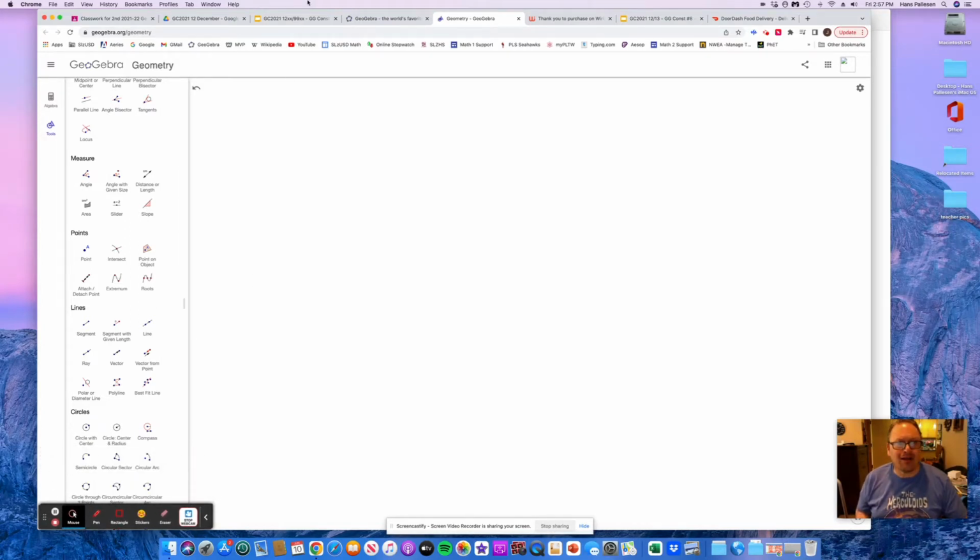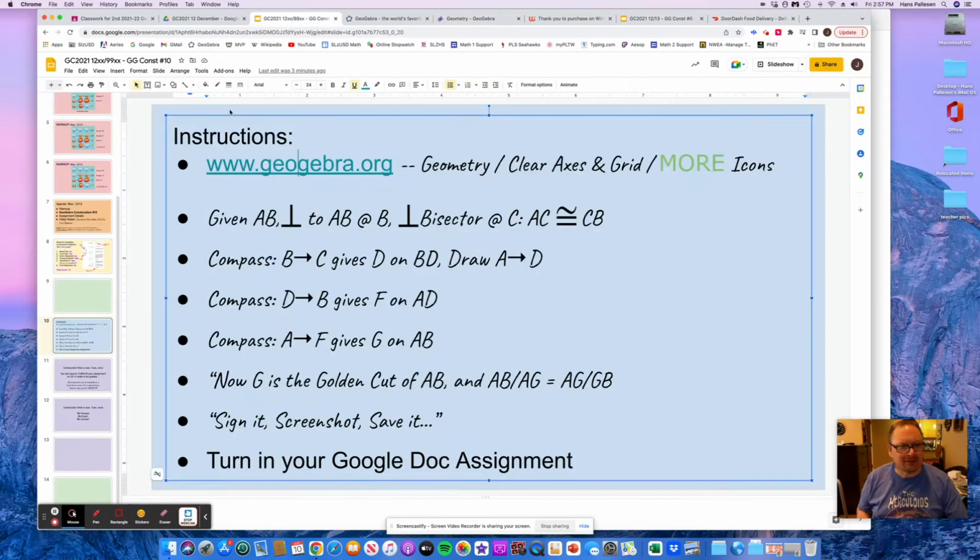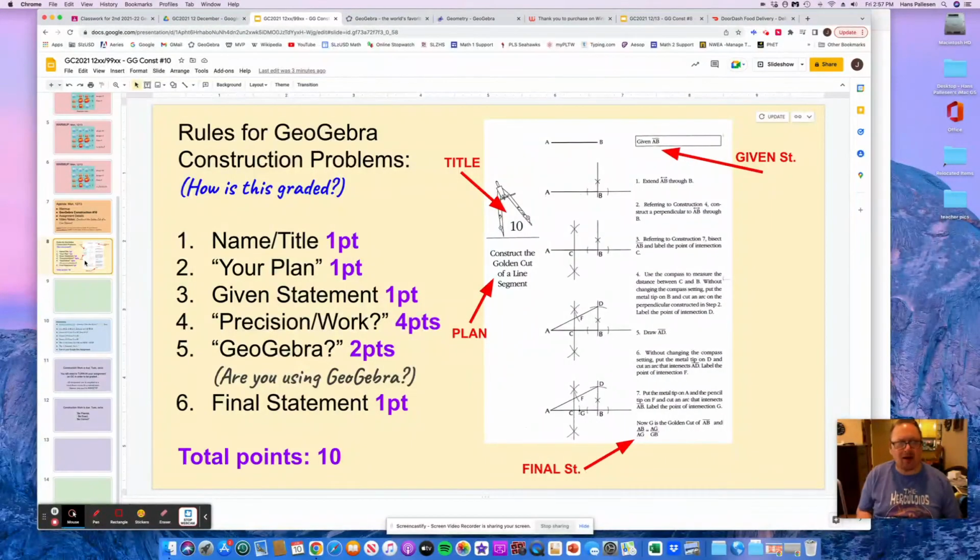So we got to look at our spec sheet here. We're going to start with our segment AB.